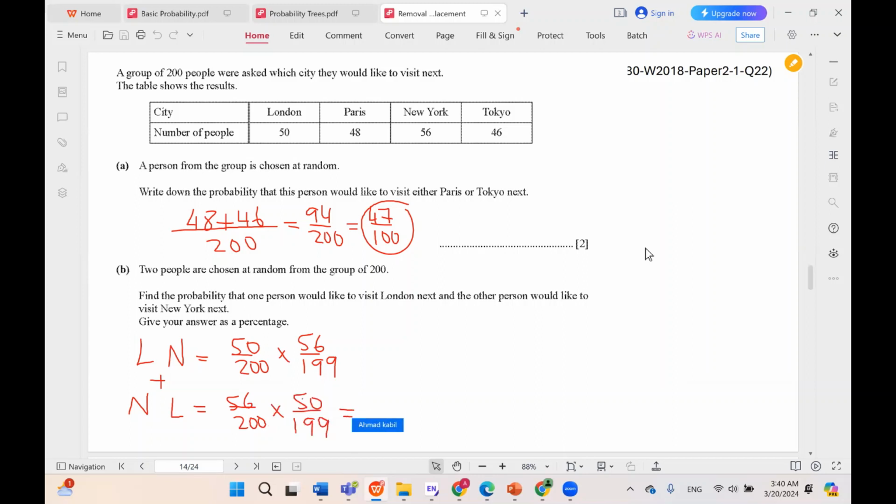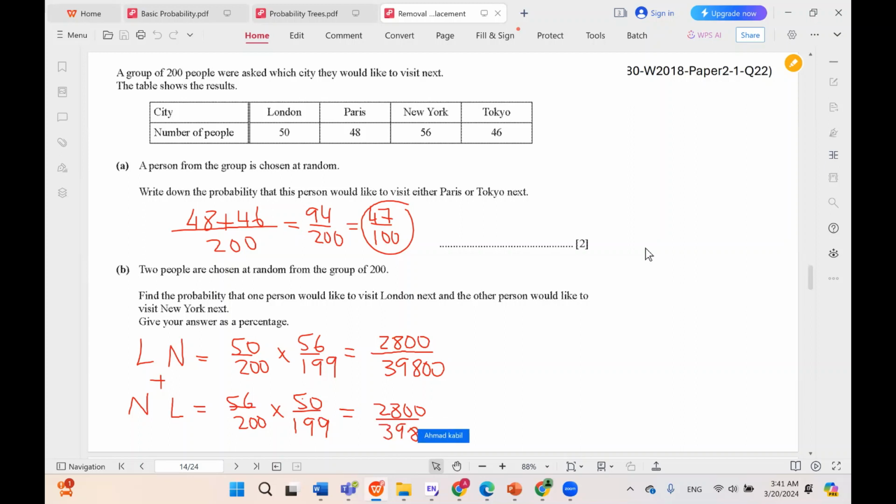And of course, you can tell that they will both give you the same result, since they both have the same numerator and the same denominator. So the numerator here is 2,800 and the denominator would be 39,800. And same thing, of course, for down below.